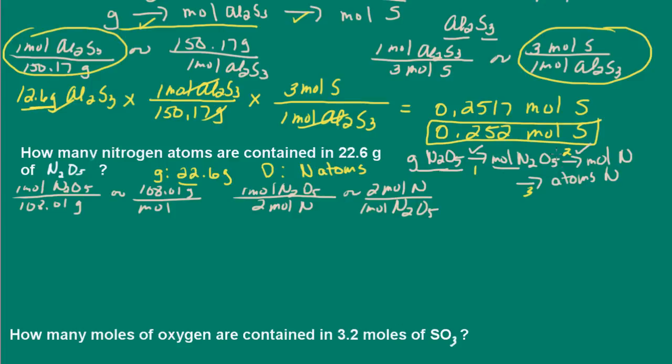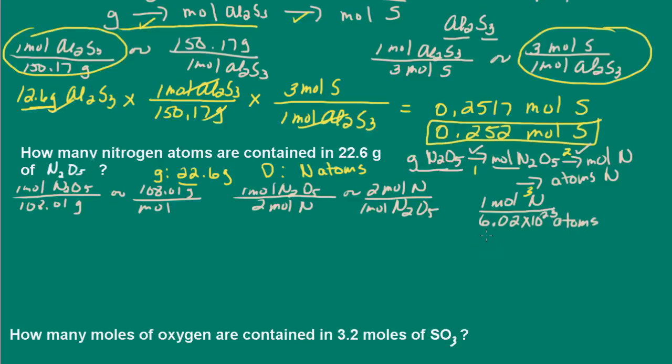Now, once we get into moles of nitrogen, I can relate the moles of nitrogen to the number of atoms. And I do that using Avogadro's number. So in this case, 1 mole of nitrogen will contain 6.02 times 10 to the 23rd atoms of nitrogen.